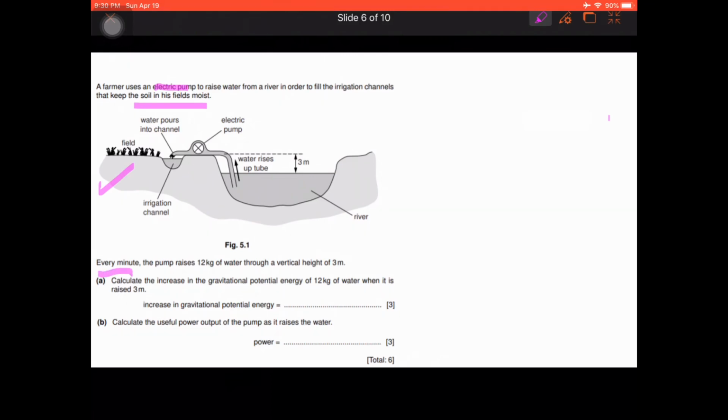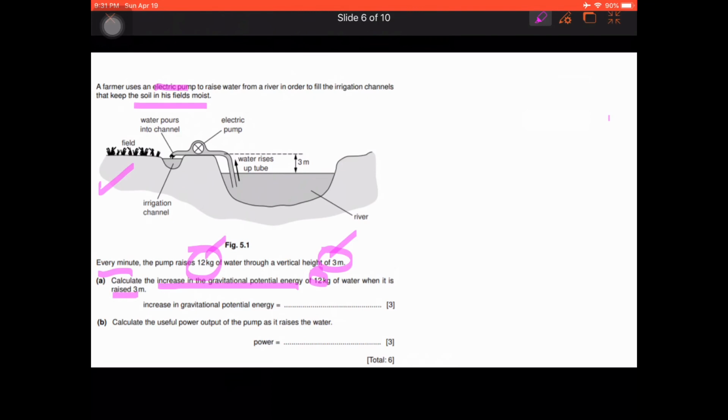Every minute, the pump raises 12 kilograms of water through a vertical height of 3 meters. So you have your mass and you have your height. This is work done against gravity also. Calculate the increase in the gravitational potential energy of 12 kilograms of water when it is raised 3 meters.